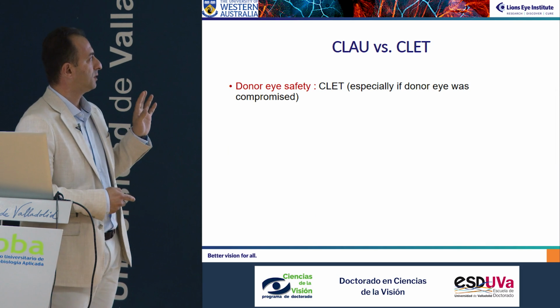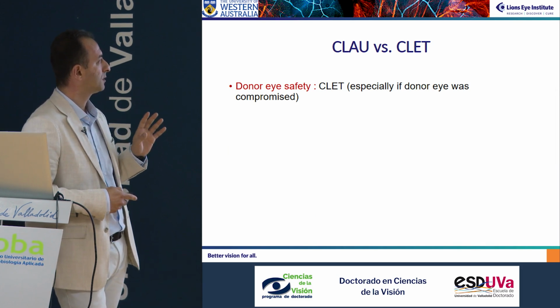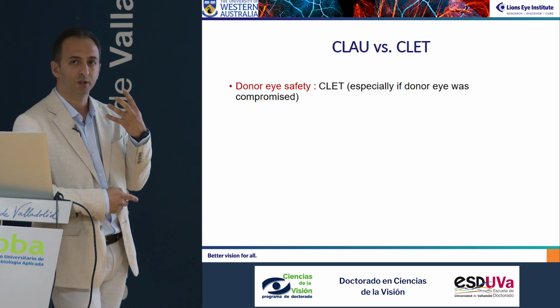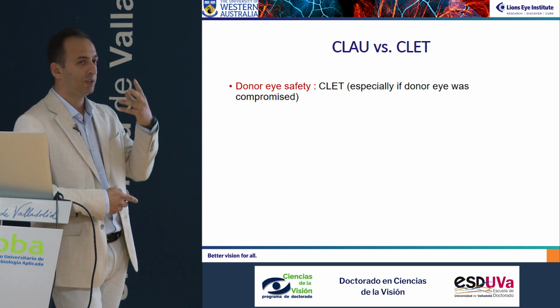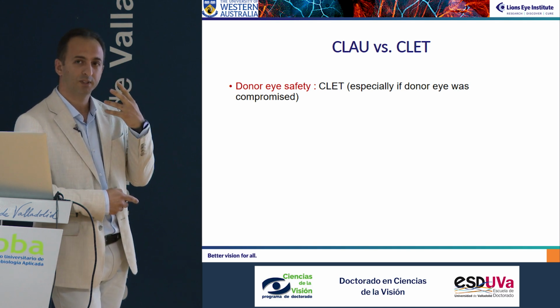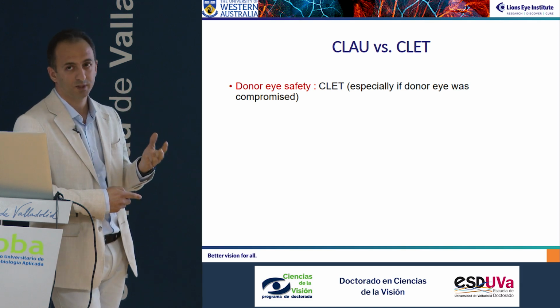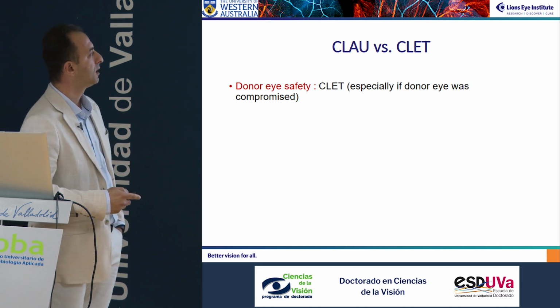So in summary, what's the difference between CLAU and CLET? Some patients have concerns about the safety of the donor eye, because that's their better eye. If you take 1/3 of their limbal stem cells, they might be concerned about the safety. It's pretty safe. It's proven to be a safe procedure if done properly.